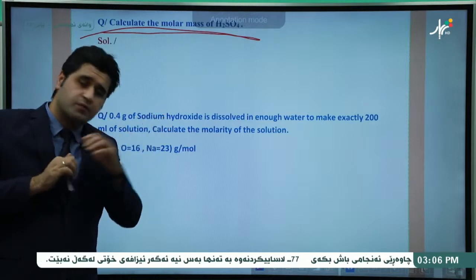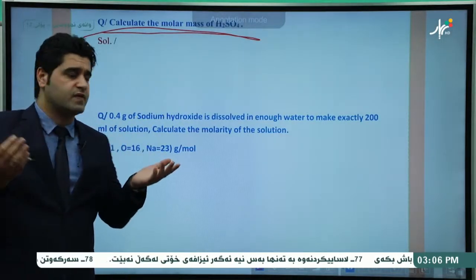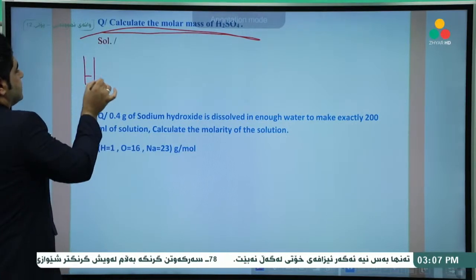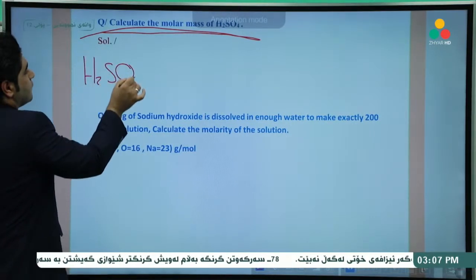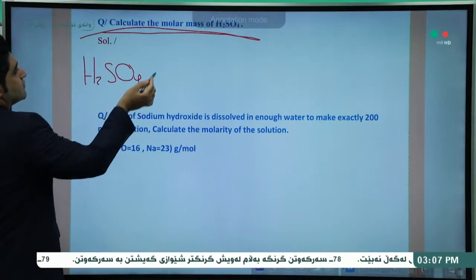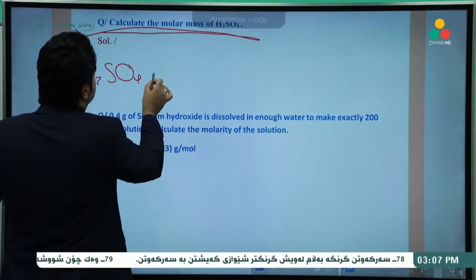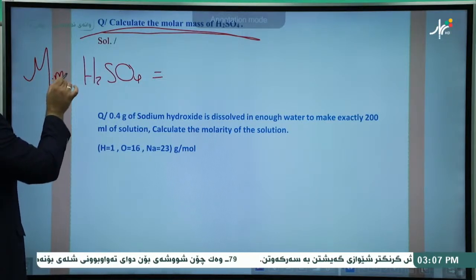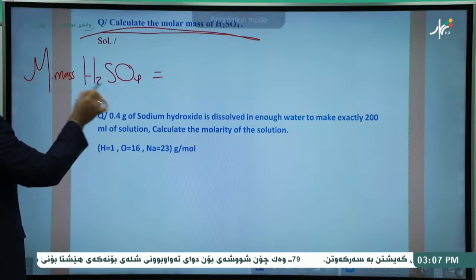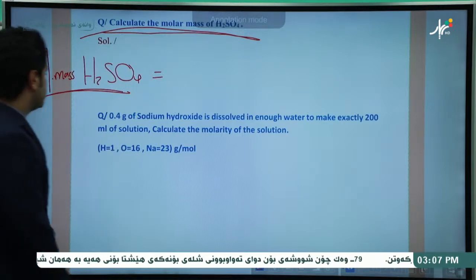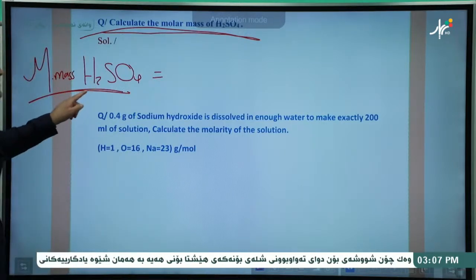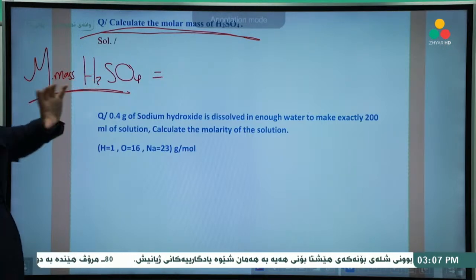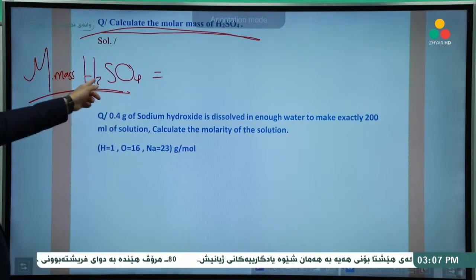How can we find out the molar mass? Hopefully you remember that. Molar mass of sulfuric acid is H2SO4. Okay, so let's find out the molar mass. Molar mass of sulfuric acid is equal to how many hydrogens do we get in 1 molecule of sulfuric acid? 2.